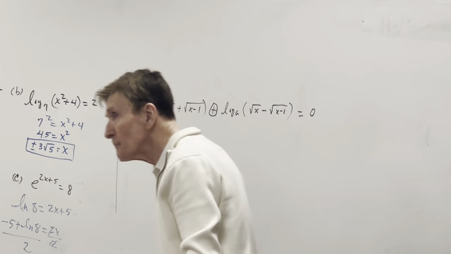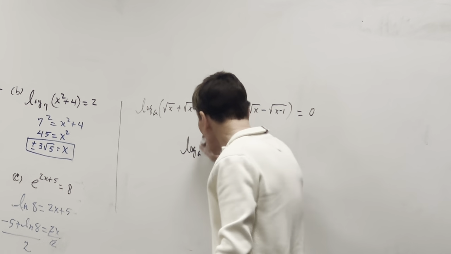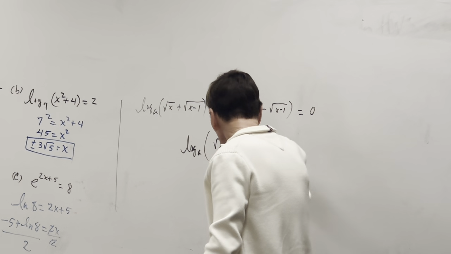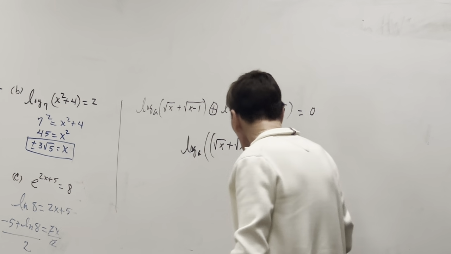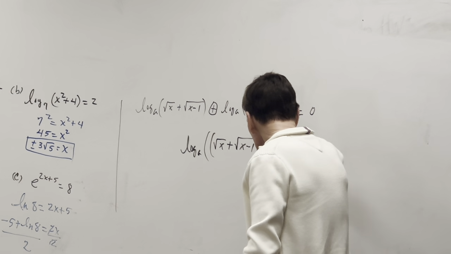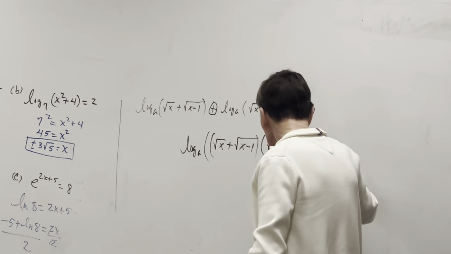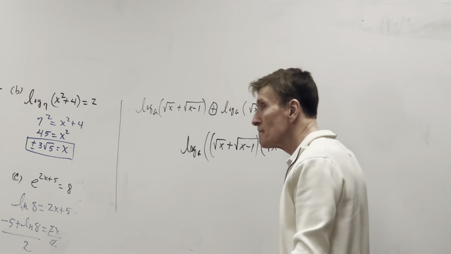Log base A of square root of x plus square root of x minus one, in parentheses times square root of x minus square root of x minus one, equals 0. Now you want to show that.